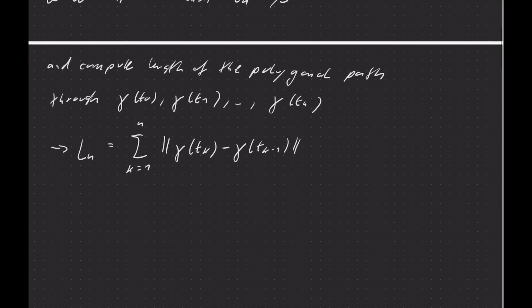Okay, so this is the length of the polygonal path. And just as a quick side note, this is always less or equal to the actual length of gamma because of the triangle inequality. So we've taken shortcuts with this polygonal path. And we'll denote this length of gamma as S of gamma from now on.